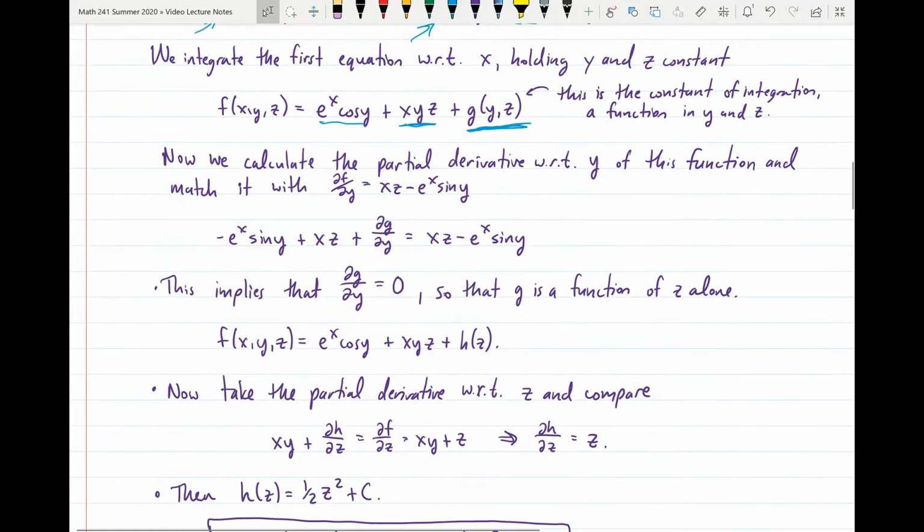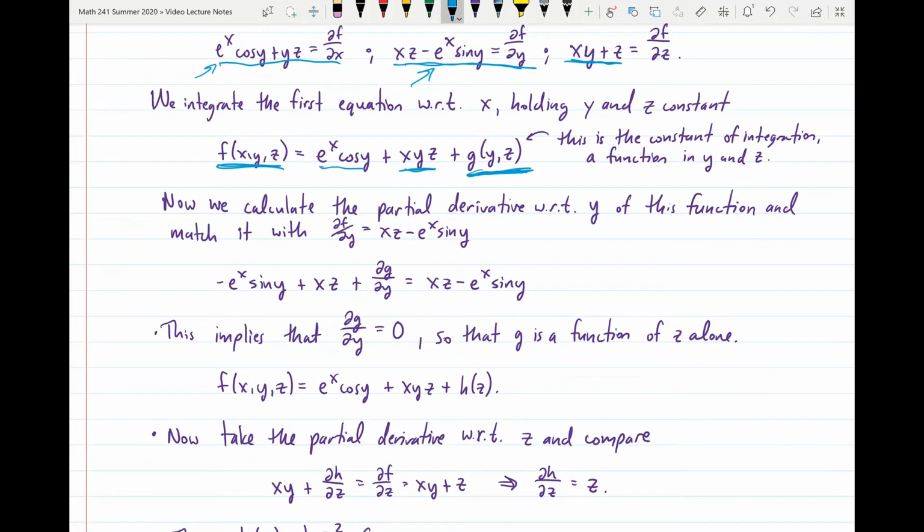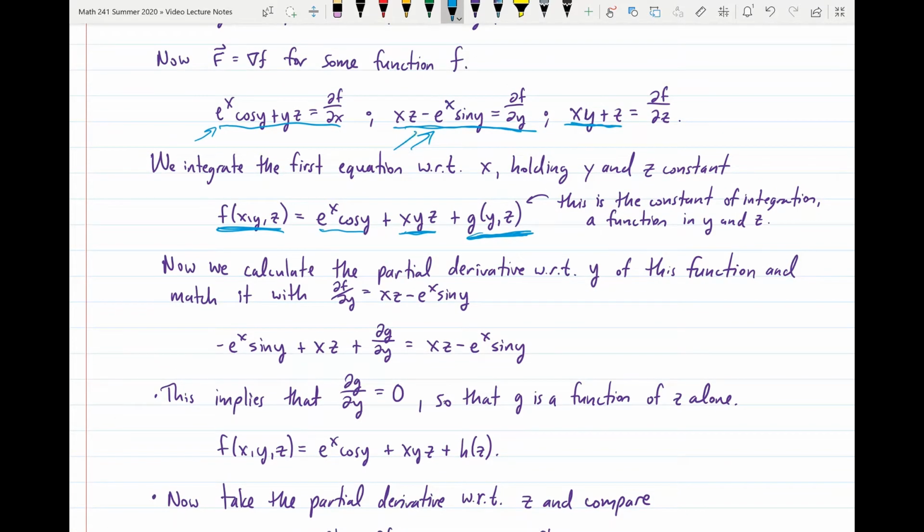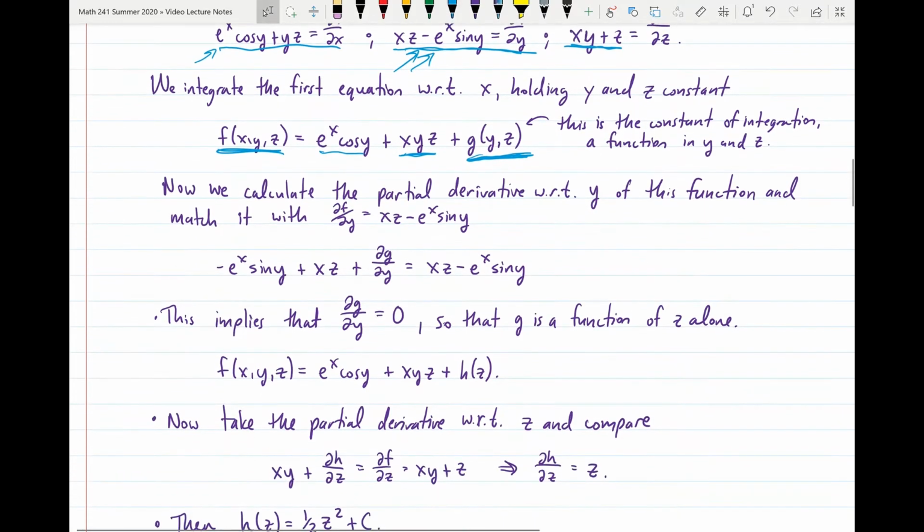So if we take the partial derivative of this f of x, y, z here with respect to y, we get a negative e to the x times sine y plus x times z plus the partial derivative of this function g with respect to y. And again, we have to set this equal to the partial derivative of f with respect to y that we expect from this equation up here. So we set it equal to xz minus e to the x times sine y.